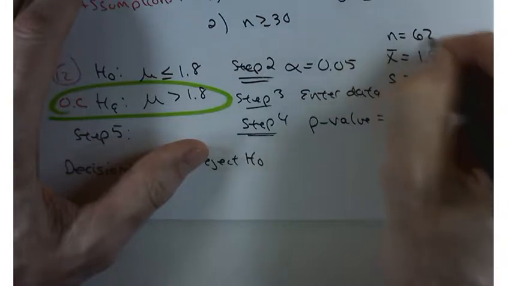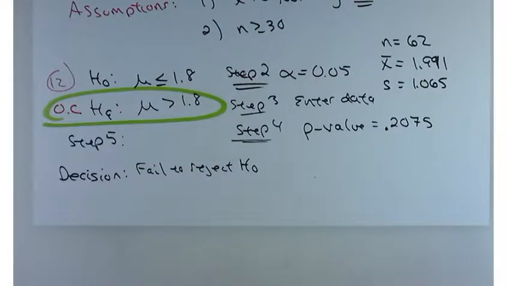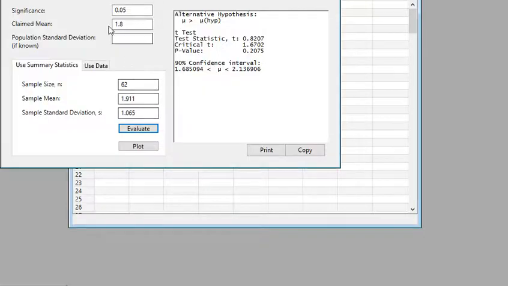And the sample size was 62. So these are your summary statistics. So if you have the summary statistics, you can enter them in that way. StatDisk also allows you to use data as well. So the next one we'll do it with data, just so we have the comparison there.